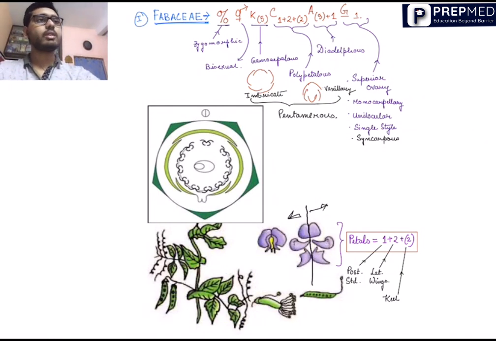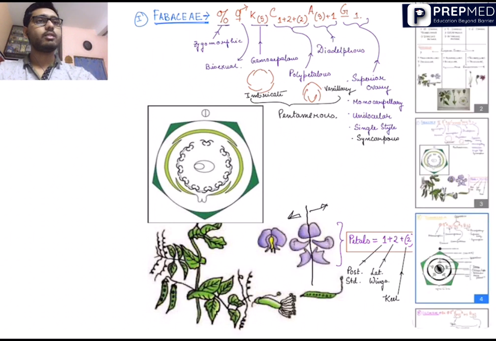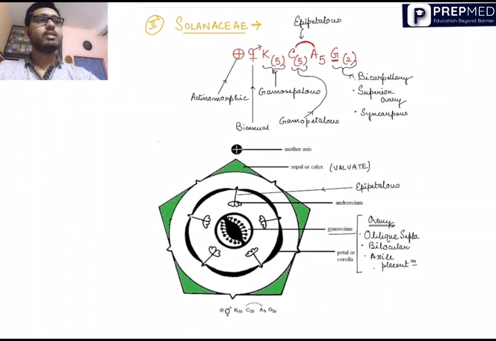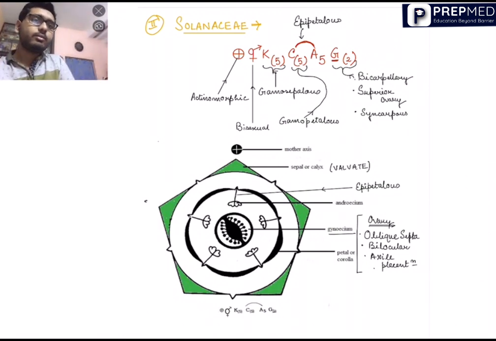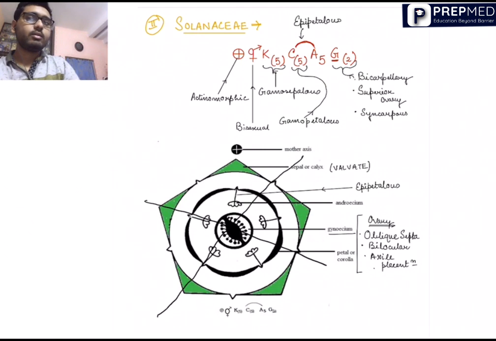Now let's come to Solanaceae. Solanaceae again, it's easy, it's actinomorphic, radially symmetrical, easily understandable. This is radial symmetry.